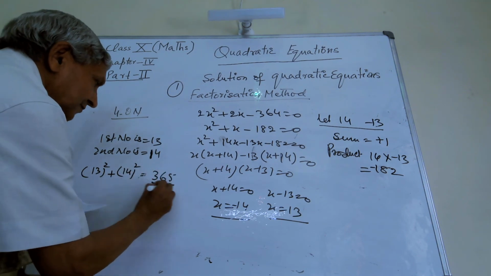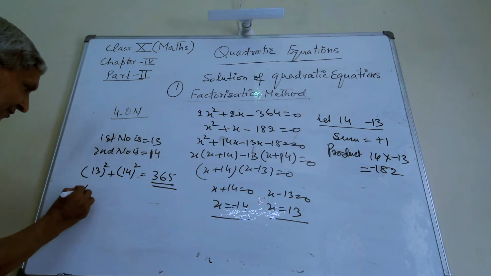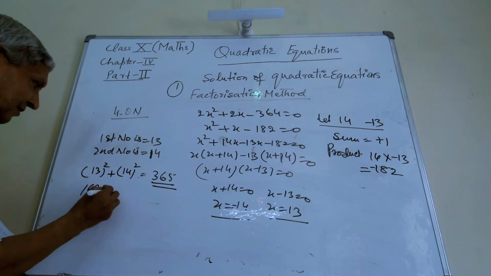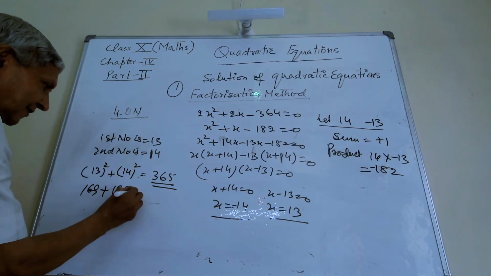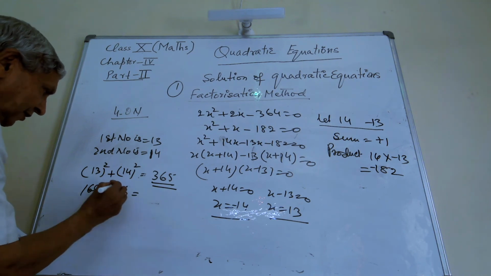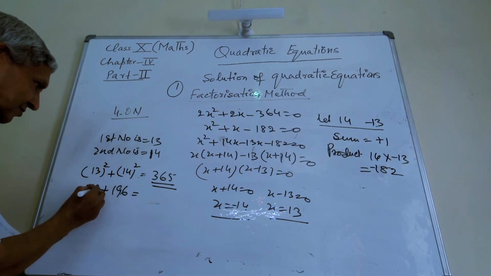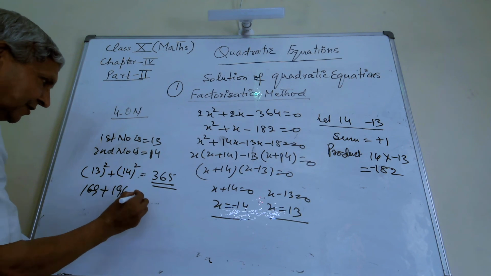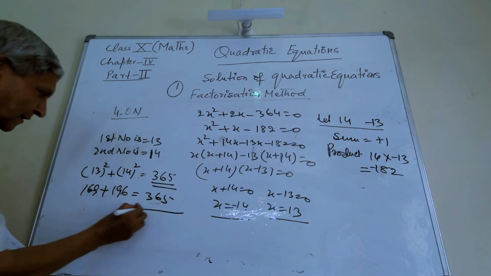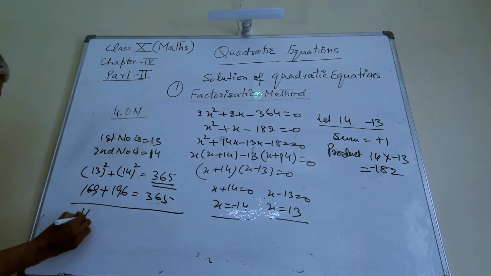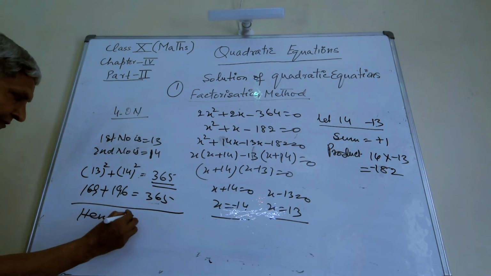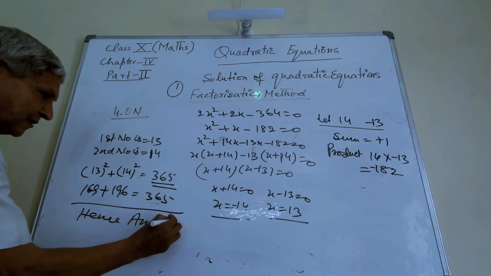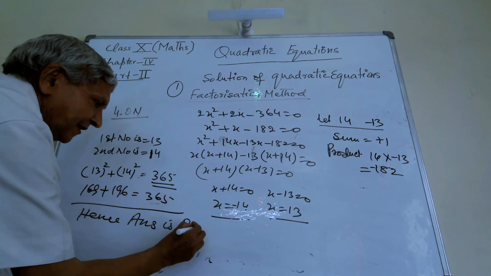This is given. 169 plus 196 is equal to 365. Checked. Hence the answer is correct. Answer is right.